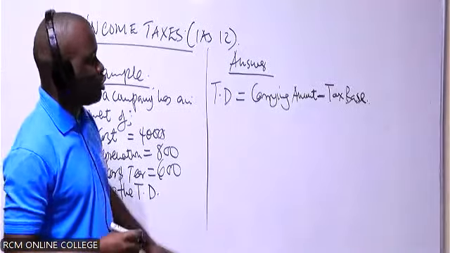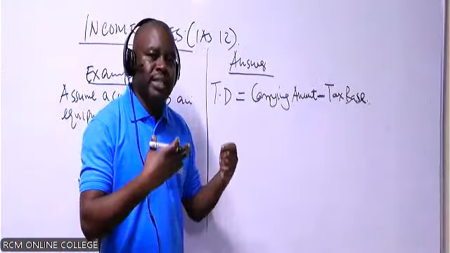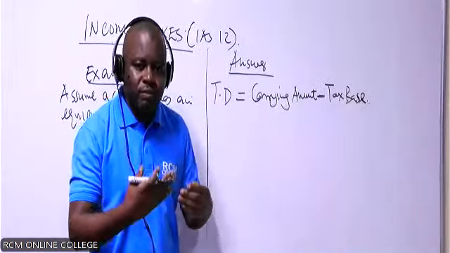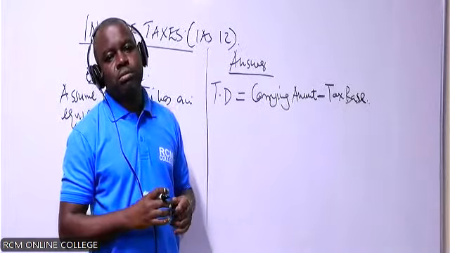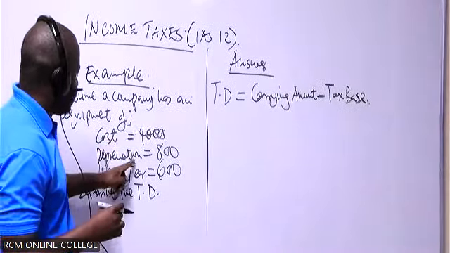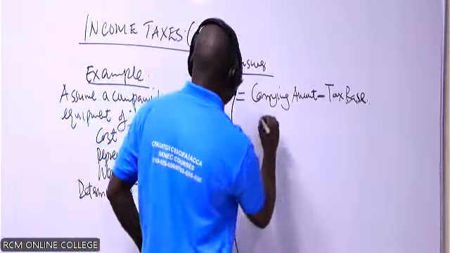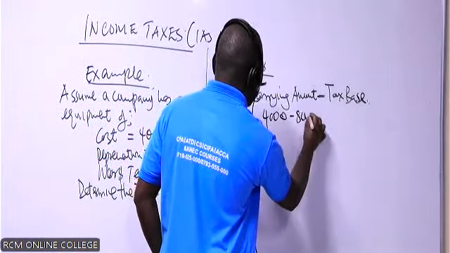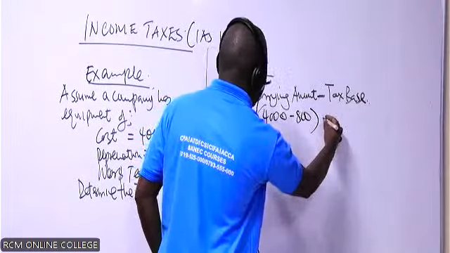Remember, our friend has already told us at what value this asset is being carried in the books of accounts. It is at the net book value. So we take 4,000 minus 800, which gives the net book value, then we minus the tax base.